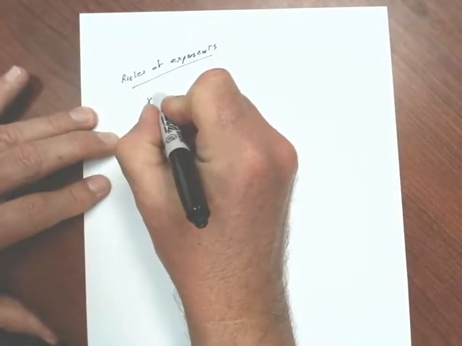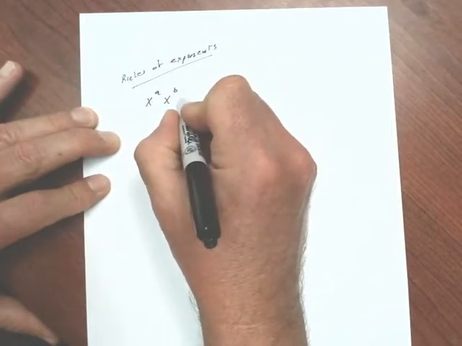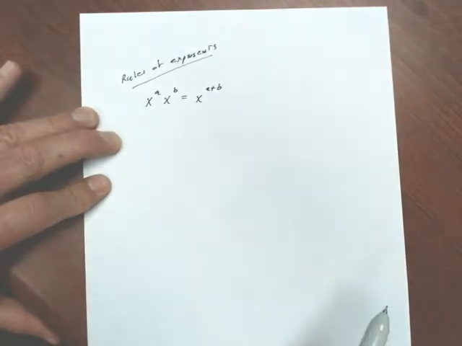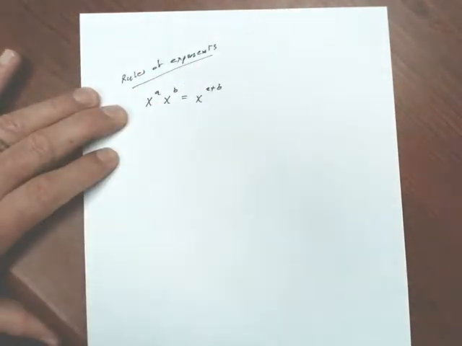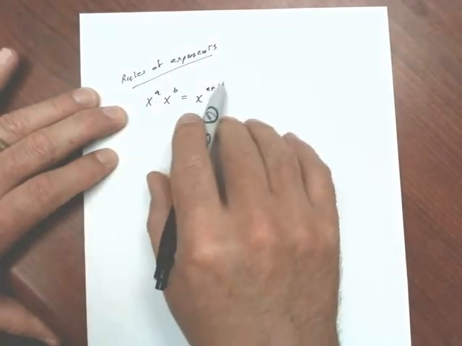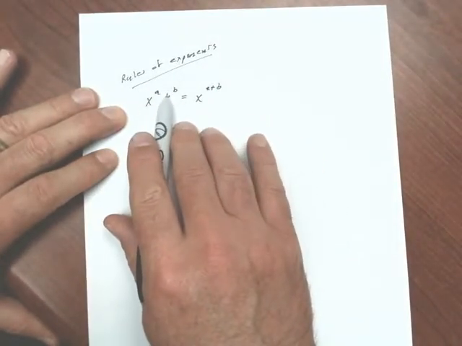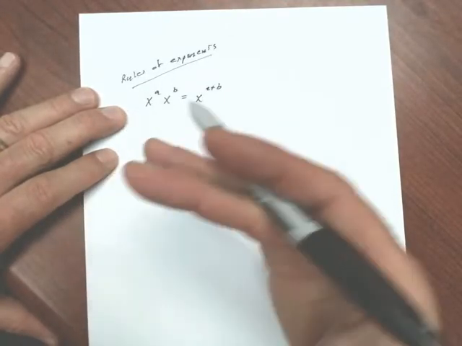Well, x to the a times x to the b equals x to the a plus b. Now, let me just say something real here. Referring back to the discussion I just had about x being a variable and a and b being constants: because a and b are constants, they take on a specific number.